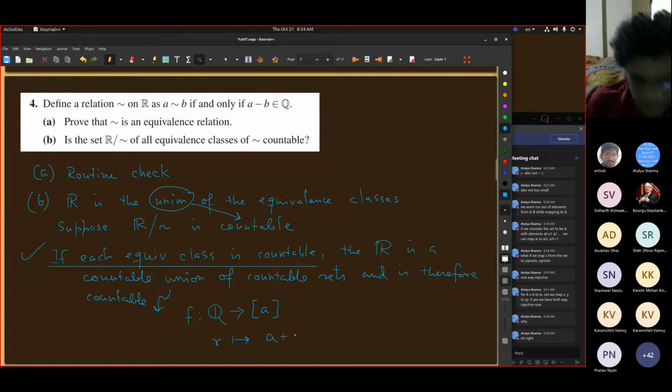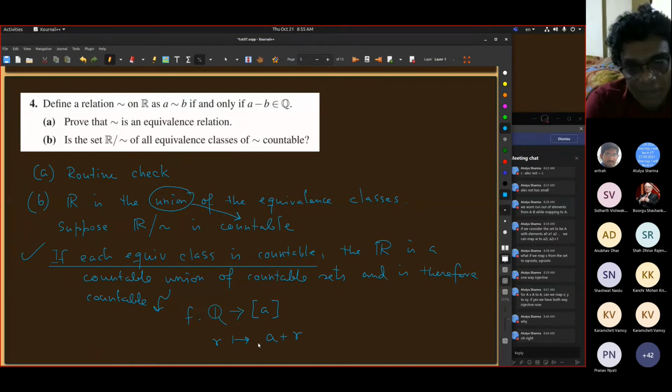First of all, is it a well-defined map? A and A plus r differ by r, so the equivalence class of A and the equivalence class of A plus r are the same. In other words, A and A plus r are equivalent. Therefore, A plus r is a member of this equivalence class. So this is a well-defined map.